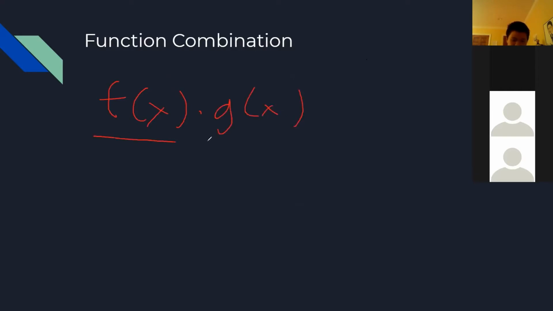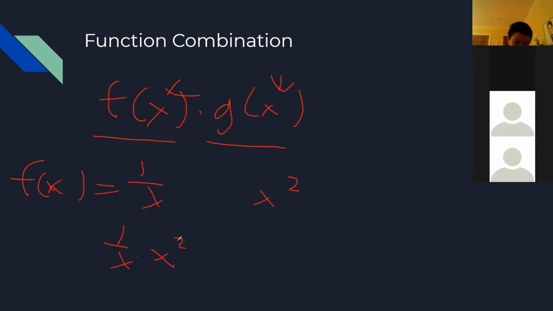So the input here is x into both of these functions. So what we can do is just substitute whatever f(x) is and g(x) is. So if f(x) is 1/x and g(x) is x squared, then 1/x times x squared.